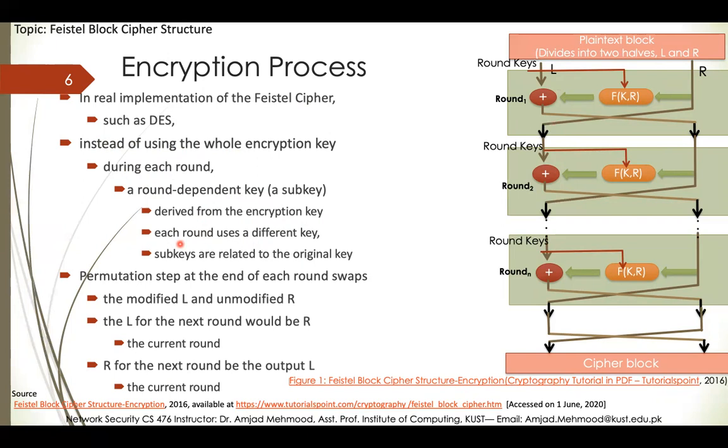Because we want to make our data more secure. The subkeys are related to the original key, so there will be a subkey generator, an operation that generates a subkey from the original key for each round.